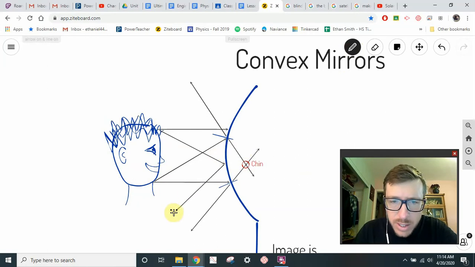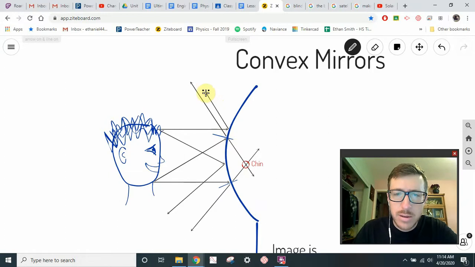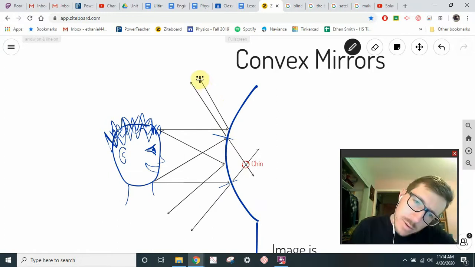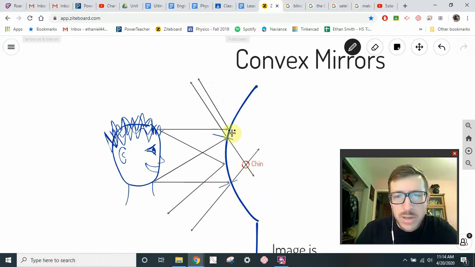This one, we'll say it'll reflect off at about that angle. And this one here will reflect off at about this angle. So my brain's going to follow those back to here, let's say, and then this one going back up like this.